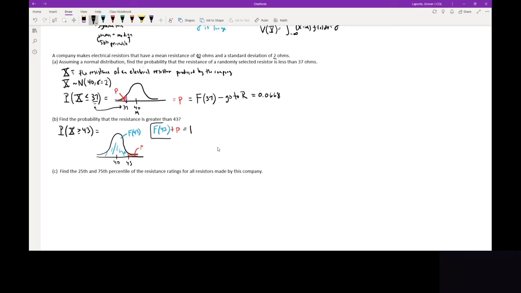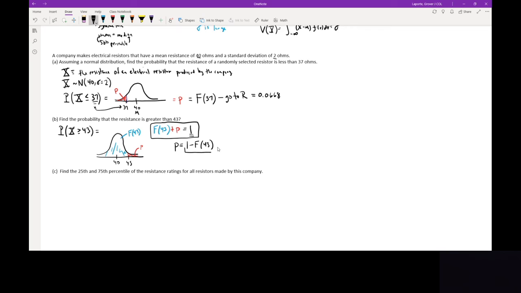We know this. Why is that? Because all the probability that I put on this distribution, the probability from negative infinity to infinity, has to add up to 1. And that's why I know that this has to be 1. So if I'm looking for P, the red one, then I'm just going to solve for it. P is equal to 1 minus F of 43.